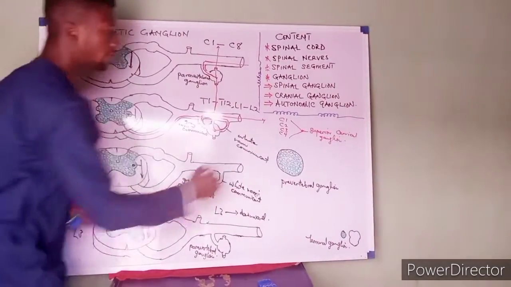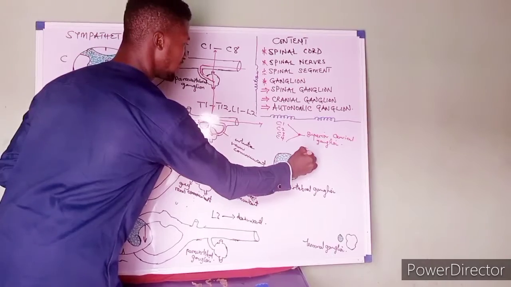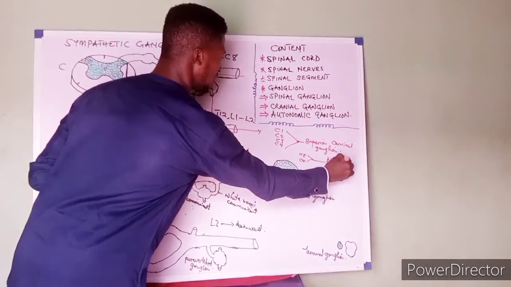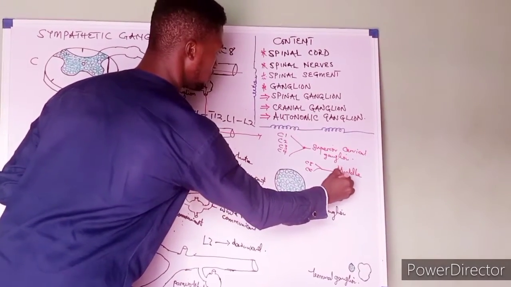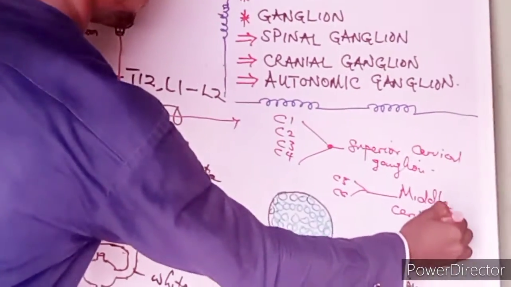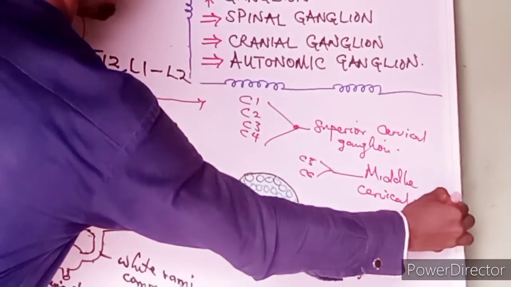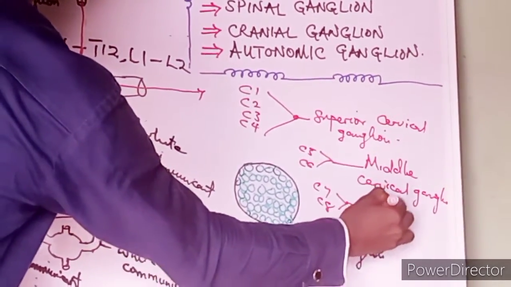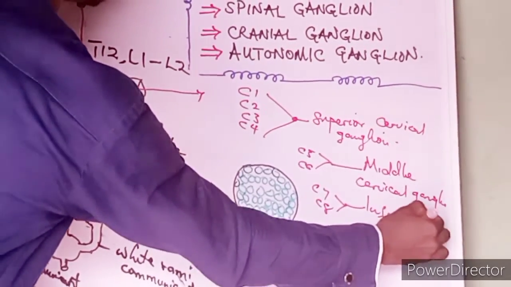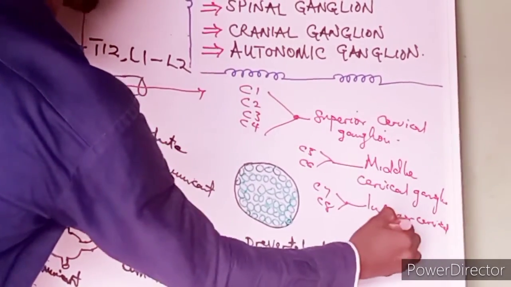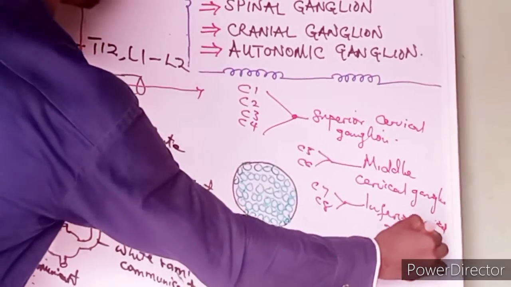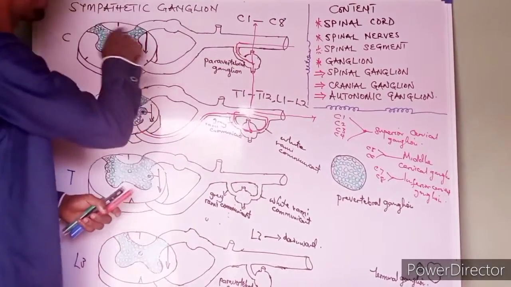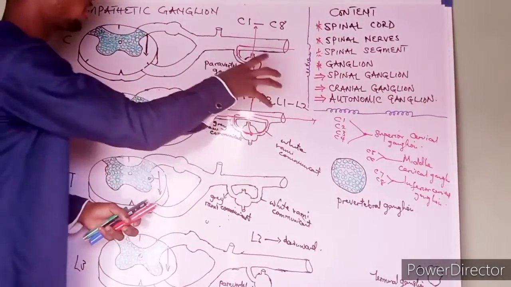In the region of C5, C6, these two join together to form the middle cervical ganglion. And C7 and C8, they form the inferior cervical ganglion. This is how the cervical ganglion of the paravertebral ganglion is actually formed.